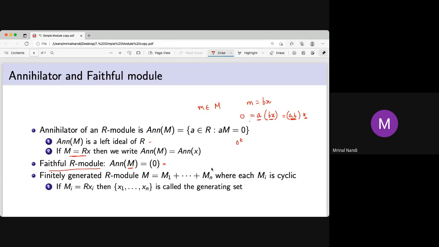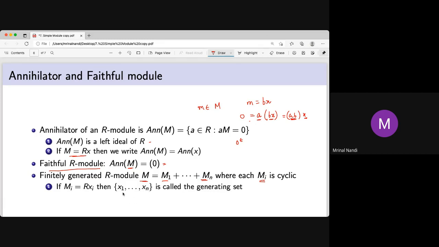So it's faithful if the annihilator is 0, no other element kills all the elements of M. And again, M is called a finitely generated R-module if M can be written as a sum of finitely many cyclic modules. If Mi is generated by xi, that means Mi equals Rxi, then M can be written as A1x1 plus A2x2 up to Anxn. That means every element of M is a linear combination of x1, x2, up to xn.